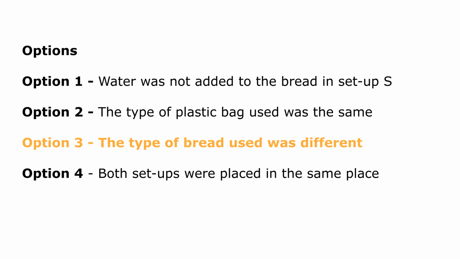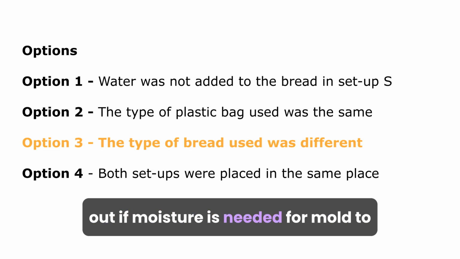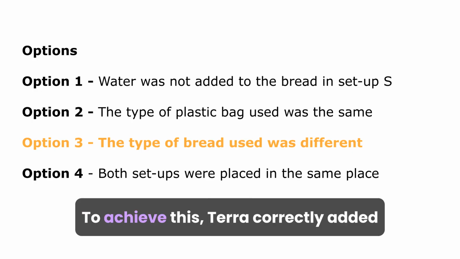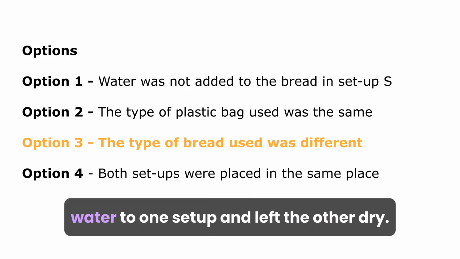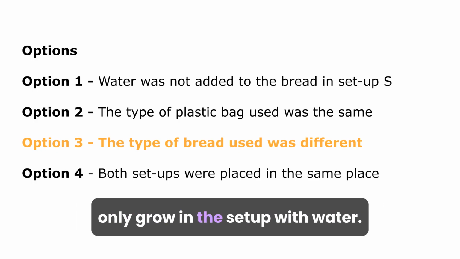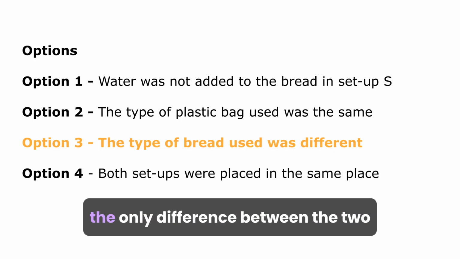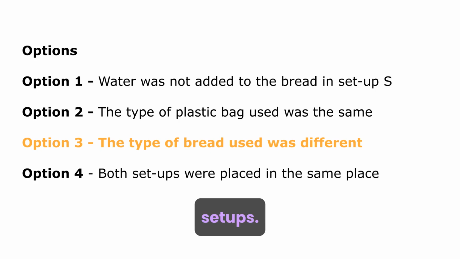Let me explain. The objective of this experiment is to find out if moisture is needed for mold to grow. To achieve this, Tara correctly added water to one setup and left the other dry. If moisture is the key factor, mold will only grow in the setup with water. For this test to be valid, moisture must be the only difference between the two setups.